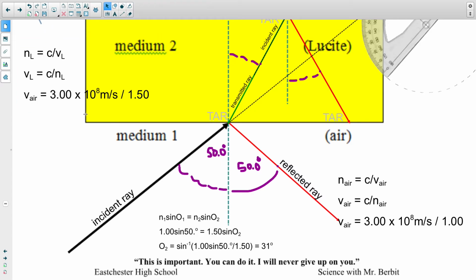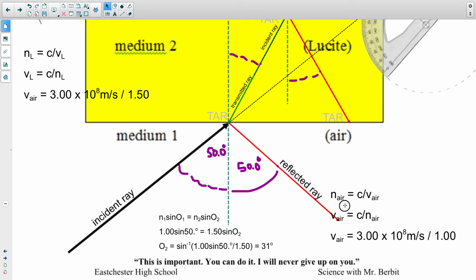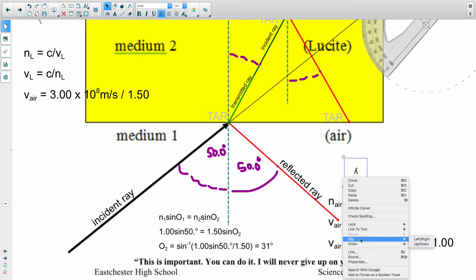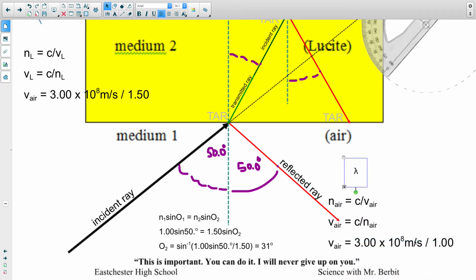Finally, if you needed to get the wavelength for these, how would we do it? The wavelength for air. I'm not going to mess around with the symbols too much because they're bothersome, so our closest approximation to the wavelength symbol is to take a Y and flip it around. It looks a little bit like it.